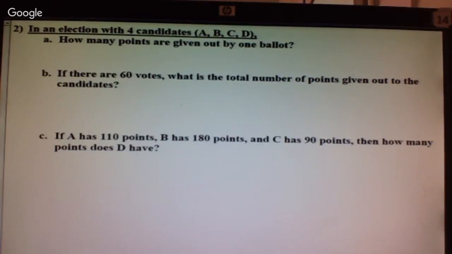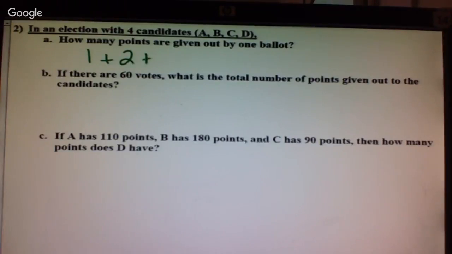Okay. And an election with 4 candidates now. We're adding 4 back in. How many points are given out by 1 ballot? 10. Remember, you get 1 point for last place, then 2 points, 3 points, and 4 points. This final number should always match the amount of candidates you have.